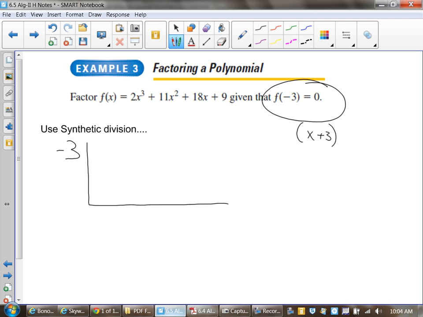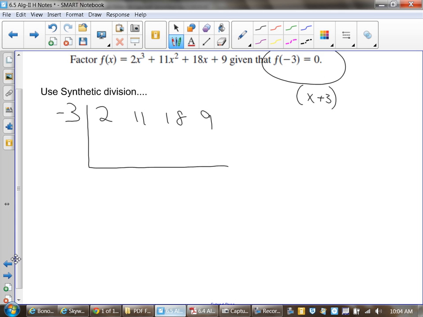Synthetically dividing, my 0 goes here. Coefficients, 2, 11, 18, and 9. I don't have to worry about any placeholders whatsoever. Drop the first term. -3 times 2 is -6. 11 and -6 is 5. -3 times 5 is -15. 18 and -15 is 3. 3 times -3 is -9.